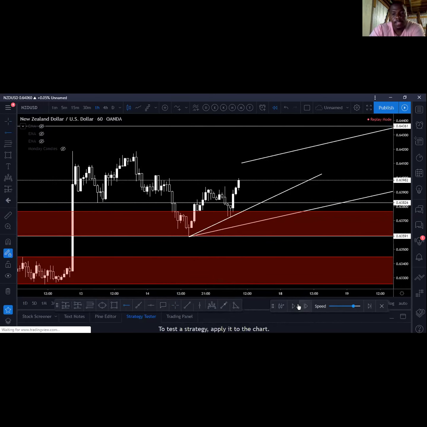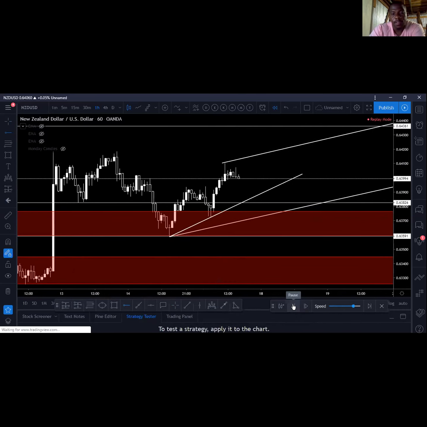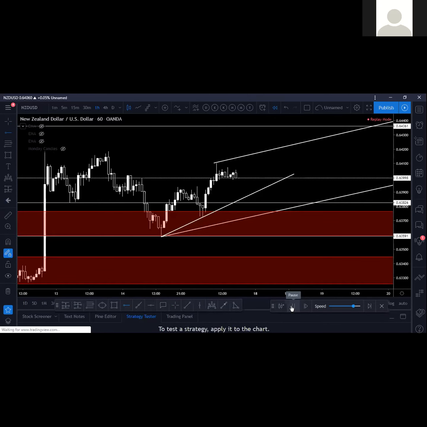So I can just play some more. And as the market headed up, I could even put another price reversal zone right here based on this engulfing candle. But I can just leave this one for now and let the market continue to play.